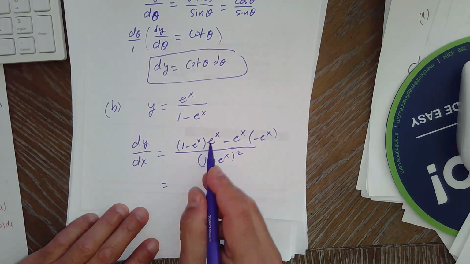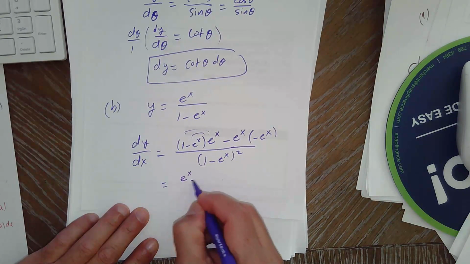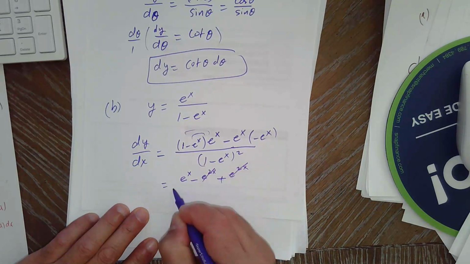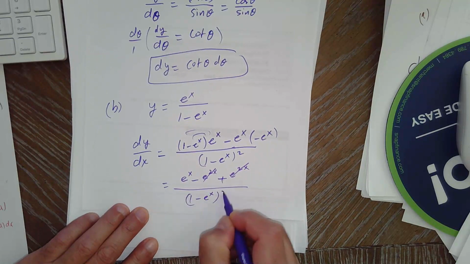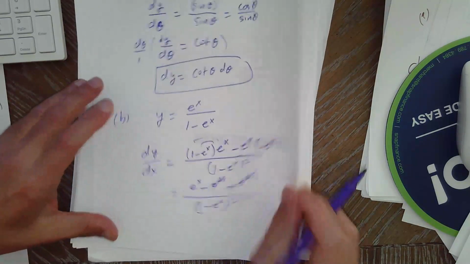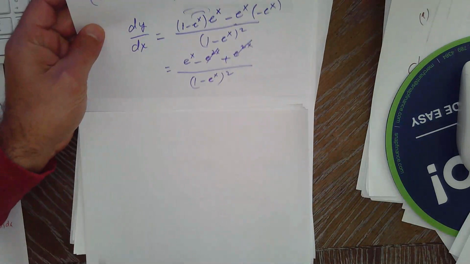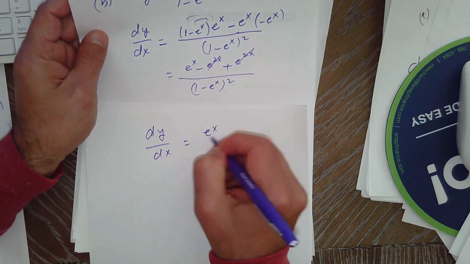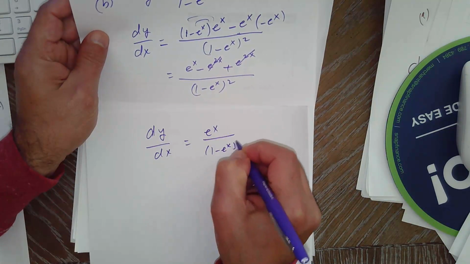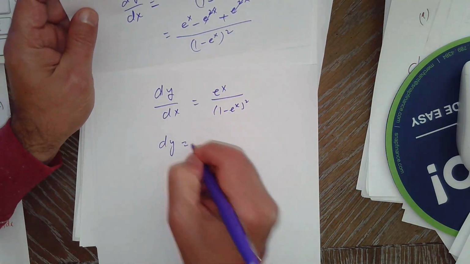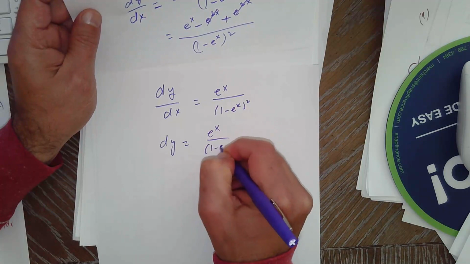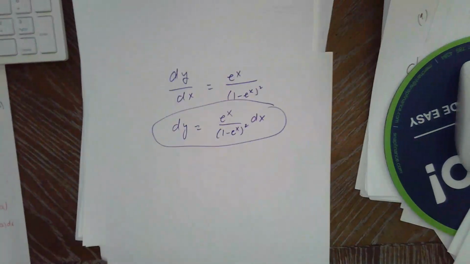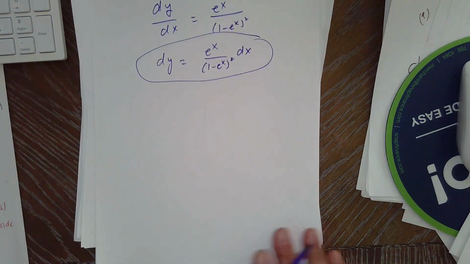So if you work it out, distribute that, you get e to the x minus e to the 2x plus e to the 2x, which cancels out. So if dy by dx is this, dy is all this times dx. And that's called the differential in y, okay? That's called dy or the differential in y.